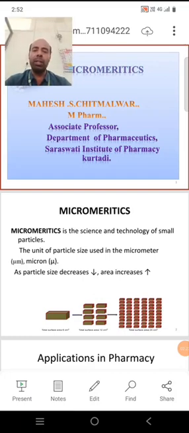In Micromeritics, the unit of particle size is the micrometer, denoted by micron.